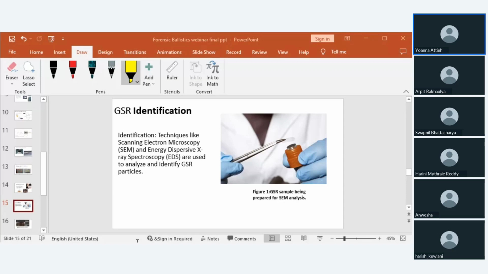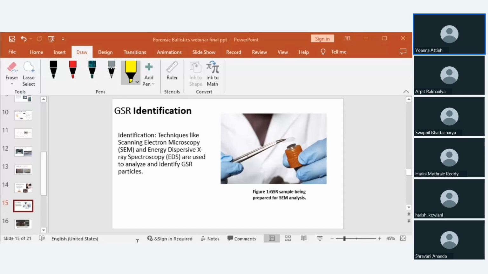So the residue that we analyze in GSR can be categorized into two broad components, as we said before, the organic and the inorganic component. The organic components, again, typically come from the propellant and lubricants used in firearms, while the inorganic components originate from the primer, the casing, barrel, and other parts of the weapon.